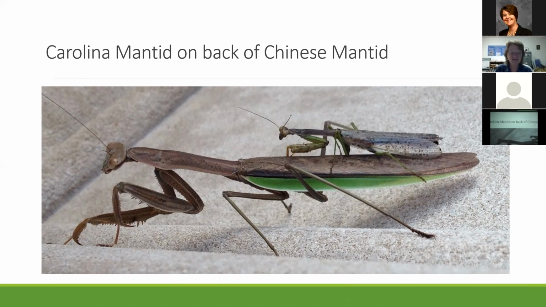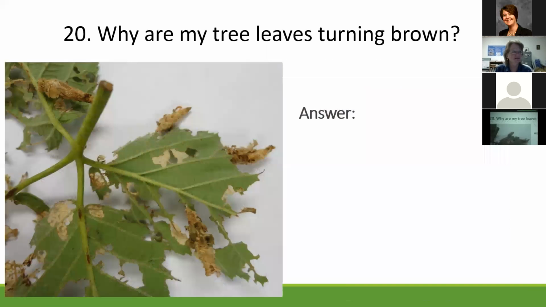Okay, I think I'm already up to my last question. Why are my tree leaves turning brown?